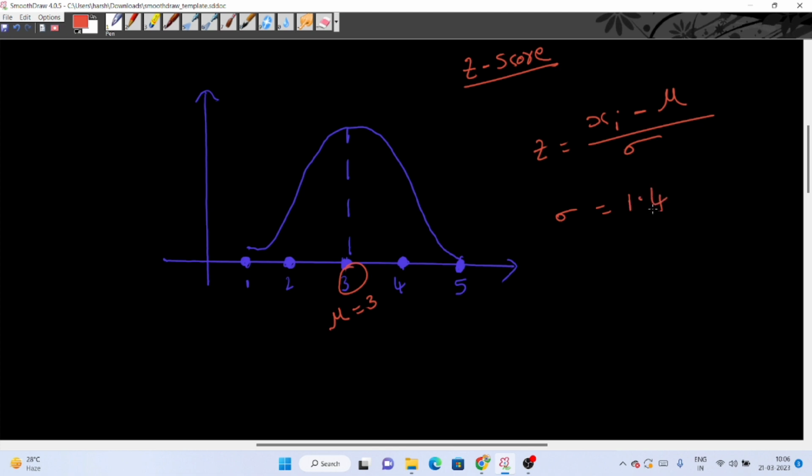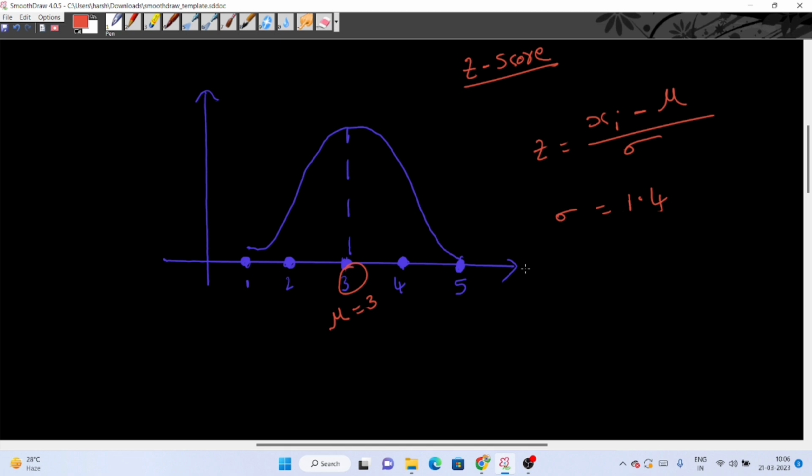If you don't know how to calculate the standard deviation, I would highly recommend you follow my playlist, whose link I have given in the description below. There you can find a tutorial where I have covered calculating the variance and standard deviation. Using that, you can easily find the standard deviation of this kind of data. I have already calculated it and got 1.4.